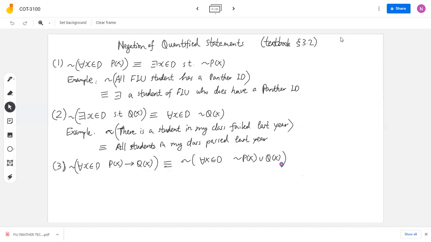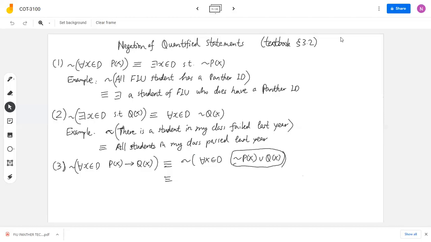If we write the implication in this form, then it should be clear, because then we can apply De Morgan's law to negate this statement, and therefore we use our first one.